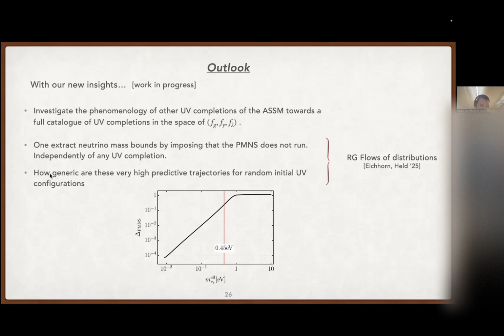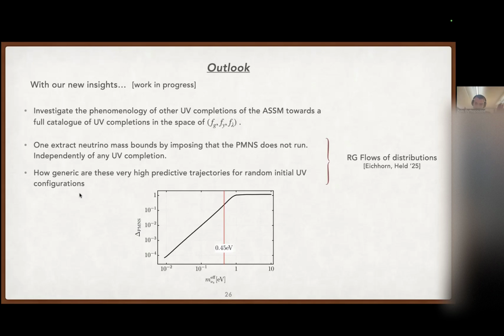And second of all, we would like to check how generic these very predictive trajectories are from random initial UV configurations. In this model, we have fixed the initial conditions such that the standard model is emergent from them. But we are interested in seeing what happens if we take a UV interval.